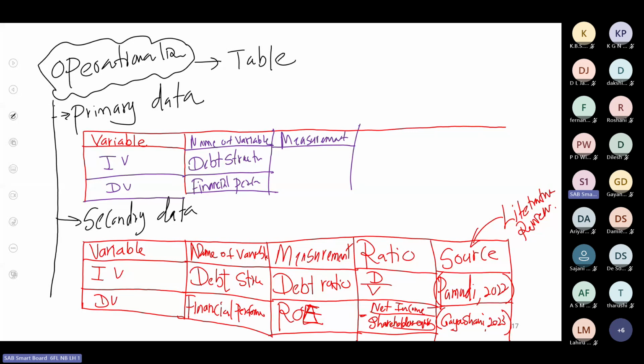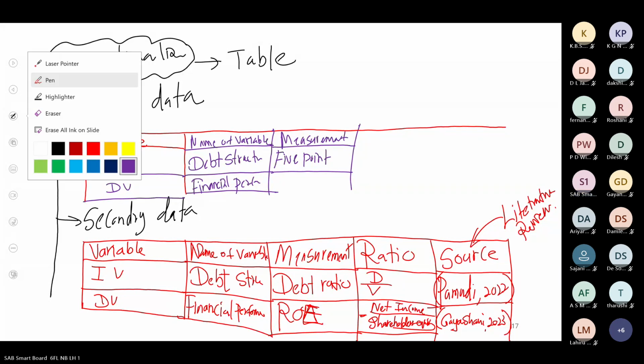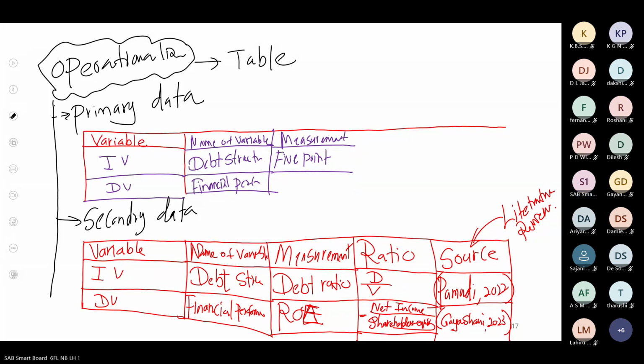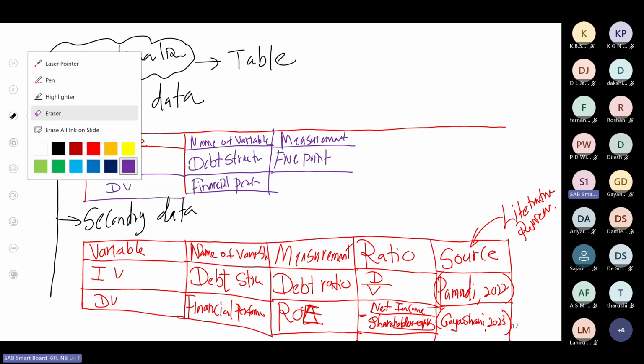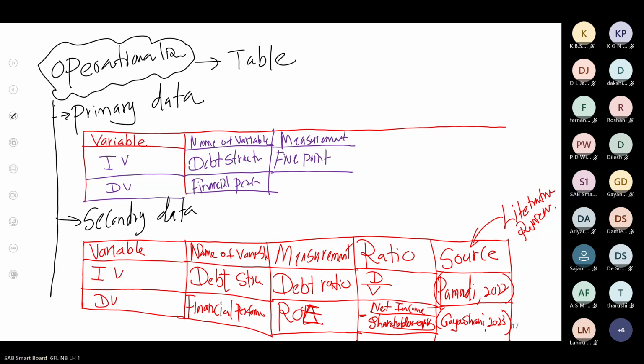To get the answers from the respondents regarding this debt structure, you have to use questions, right? When we are preparing the questions, you can use 5-point Likert scale questions.